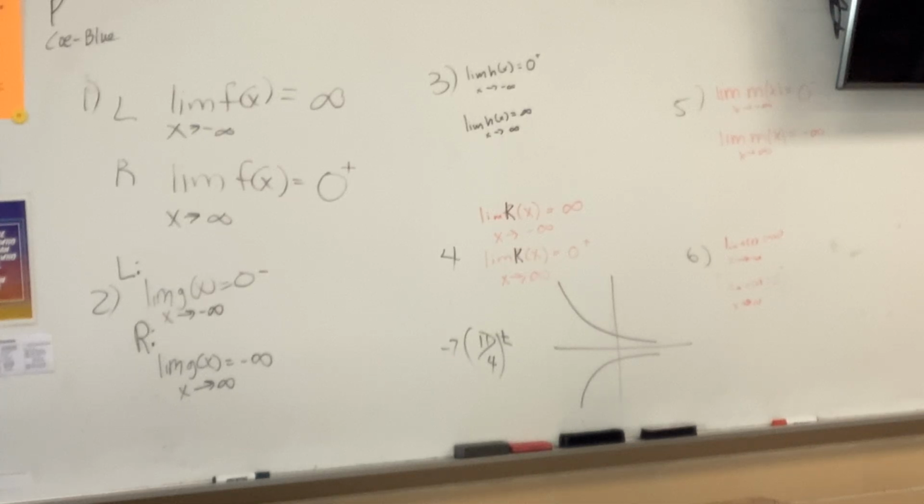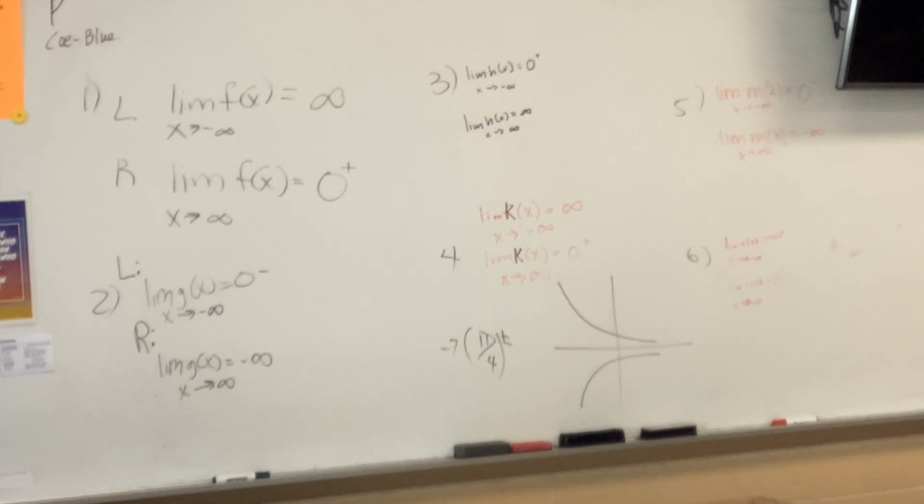So 7 is decreasing and concave down, so that would be Roman numeral 4. 8 is decreasing and concave up, Roman numeral 3. 9 is increasing and concave down, Roman numeral 2. And then 10 must be Roman numeral 1. Is that all right?